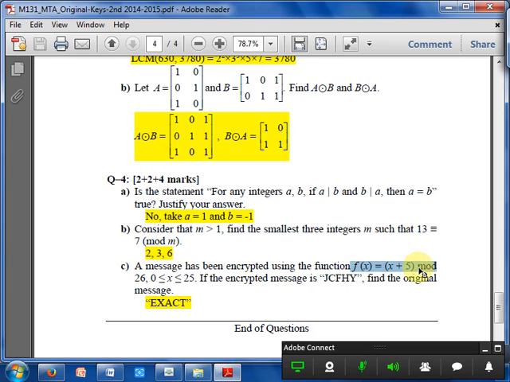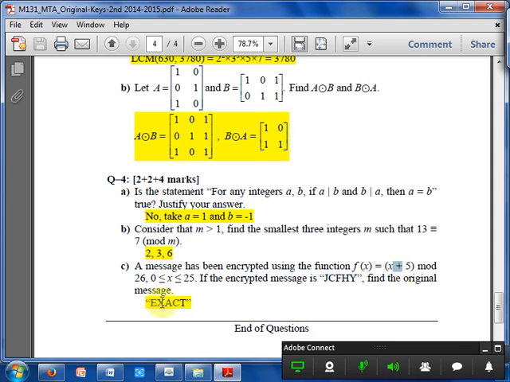The next question: given the function and the encrypted text, you have to find the exact original message. You have to answer 3 questions. See here what you have to do. Function of x: if it is given encrypted text, replace the plus with minus.